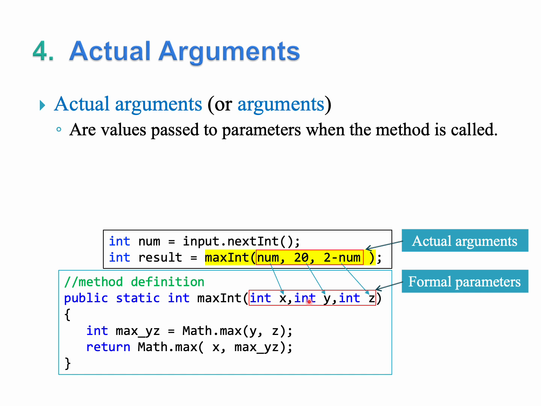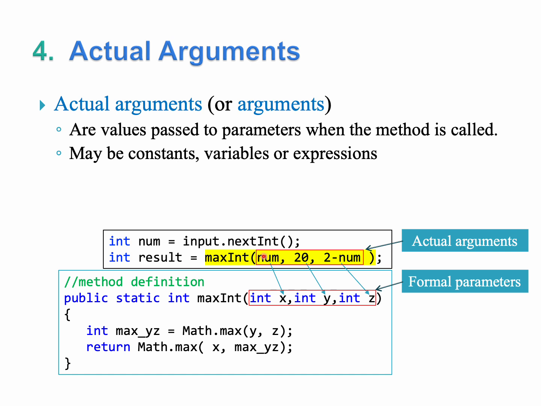The actual arguments are the actual values put in those placeholders when the method is called. The arguments in a method call may be a constant, variables, or an expression.